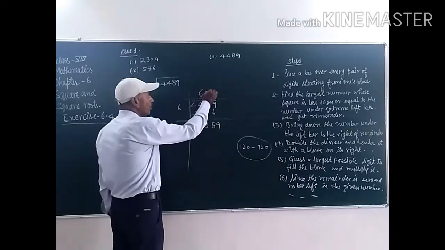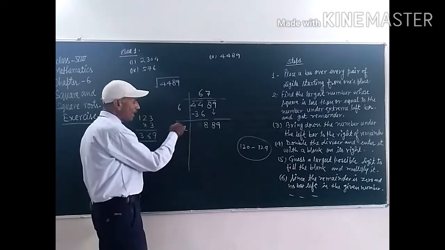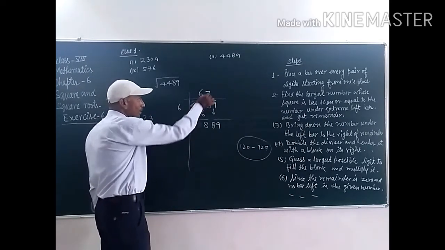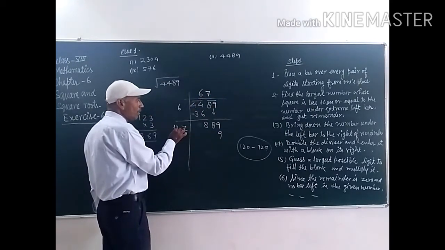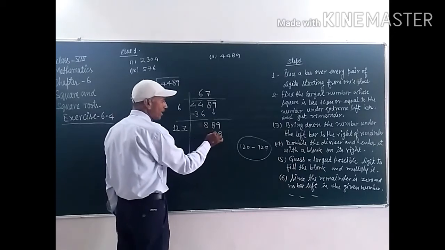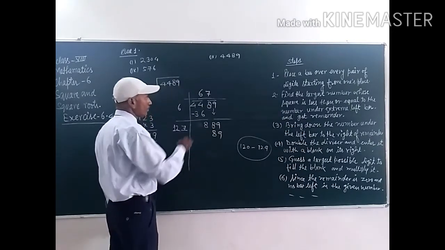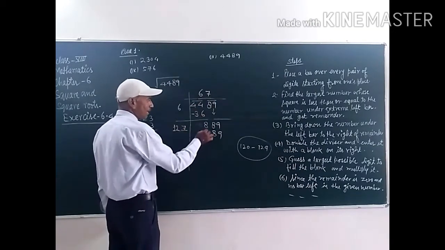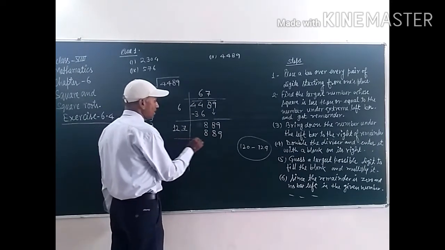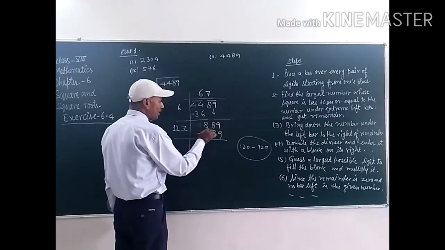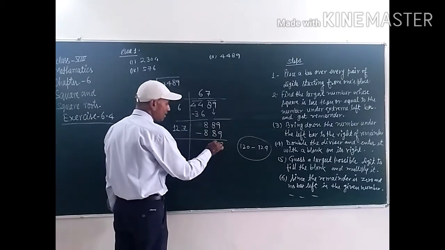Now we have taken 7 and multiply: 7 sevens are 49, 7 twos are 14 and 4 that is 18, 7 ones are 7 and 1 carried that is 8. After subtraction there will be 0.